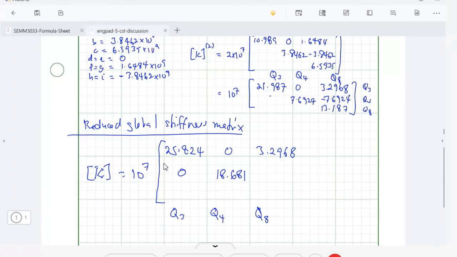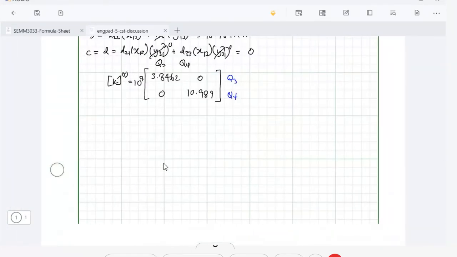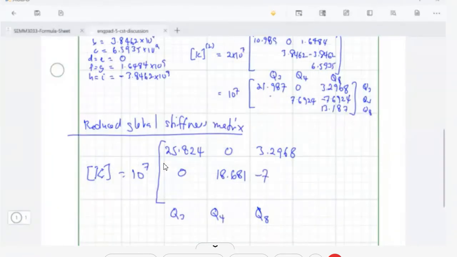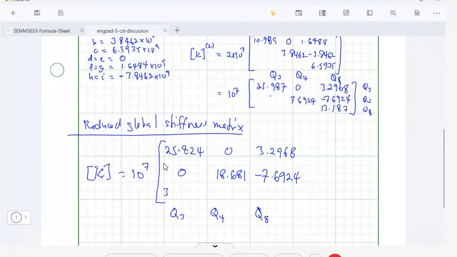And then Q8 and Q4 is not here, so this is exclusively for the second element.